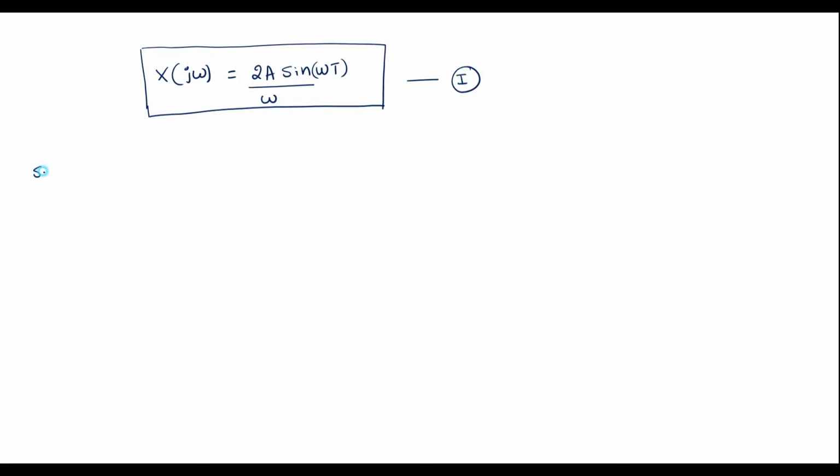We know that we have a function sinc x which will be equal to sine x divided by x.